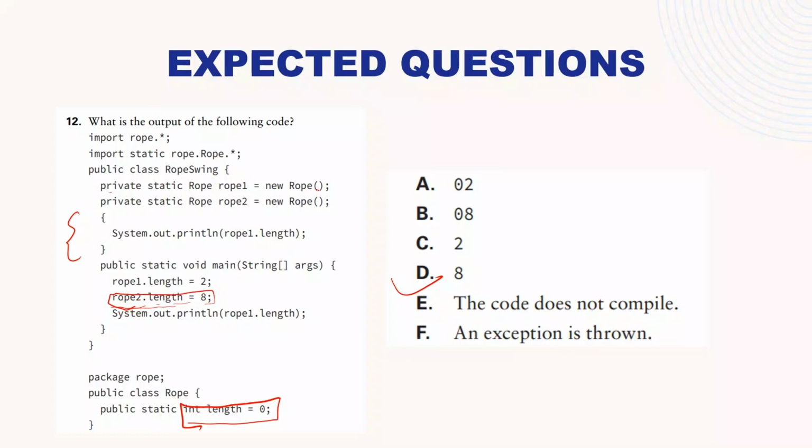If you modify a static variable once, twice, thrice, or a million times, it will reflect in all of the objects because it is associated with the class. I've told you that millions of times. That's why the answer is 8 in this case, because here it is modified to 8. I hope that is making sense, guys. Let's move on to the next question.